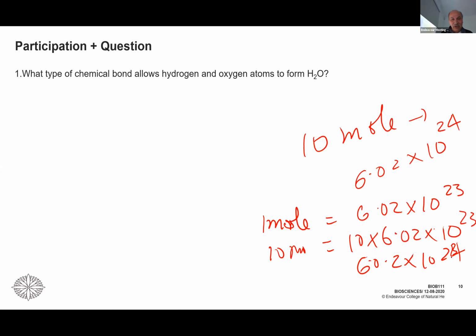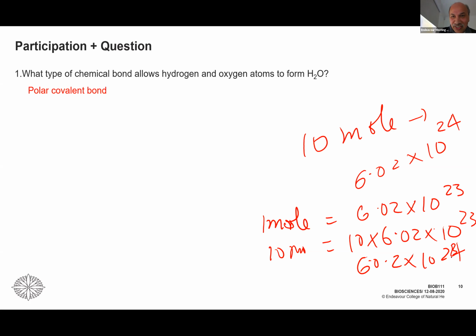Okay. So I'll quickly go through participation questions, right? Chemical bond. What type of chemical bond allows hydrogen and oxygen atoms to form? Polar covalent bond, correct.